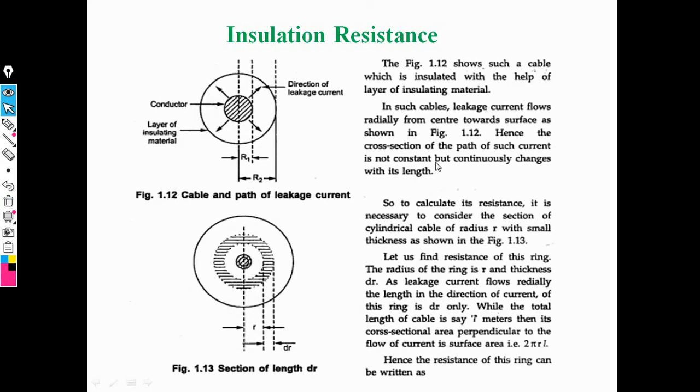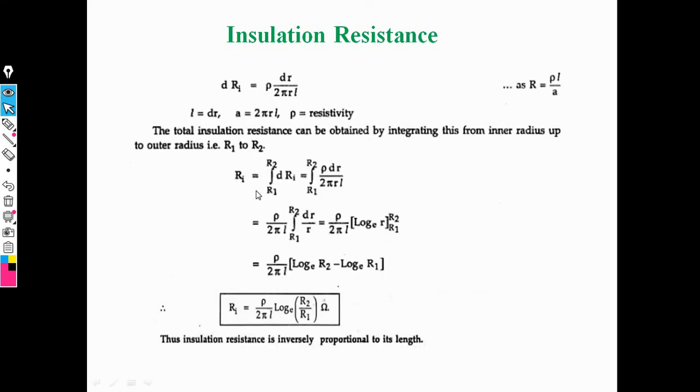R1 is the conductor radius, and R2 is the radius of the insulating material. So Ri depends on the conductor radius and the insulating radius, R1 and R2.